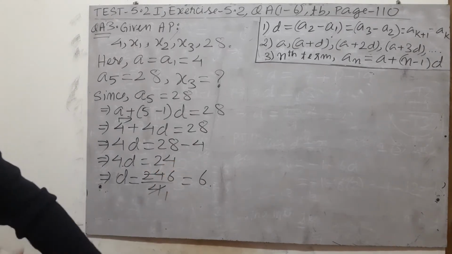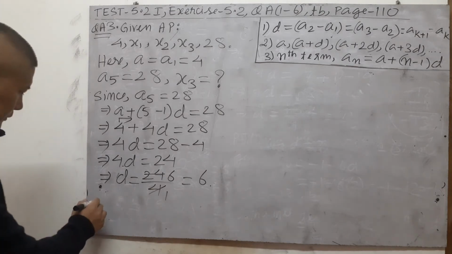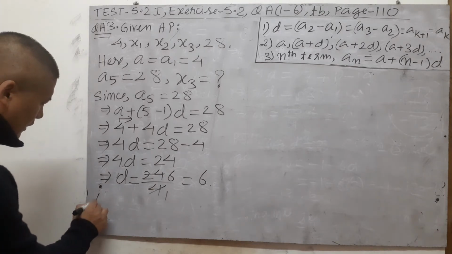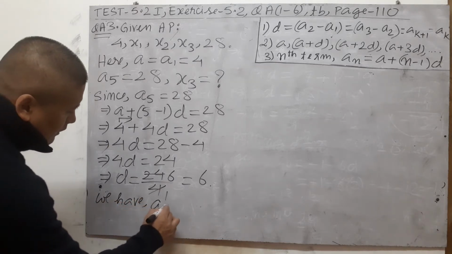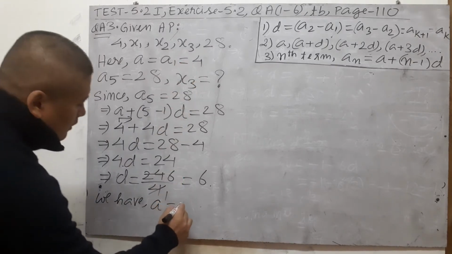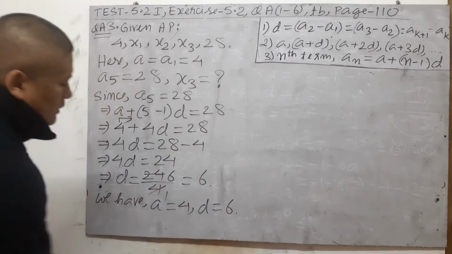We found it out. A value already given 4 and D value already given 6.